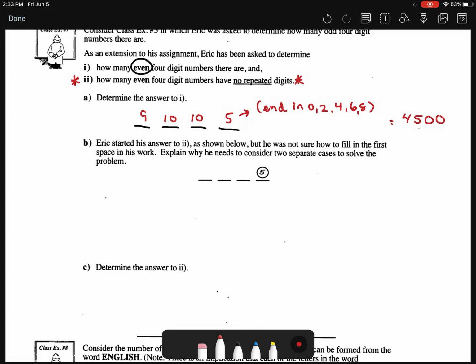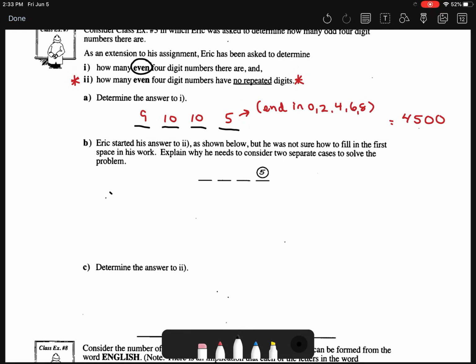But the way I go about calculating how many choices there are for the first digit depends on whether or not my number ends in 0. Because if I use 0 to end my number in, then I'd have 9 choices to start my number with. If I don't end in 0, so I end in 2, 4, 6, or 8, then I have 8 choices to start with because I can't repeat whatever number I end in, and I also can't start with 0.